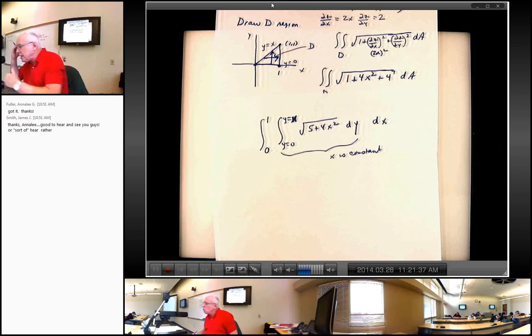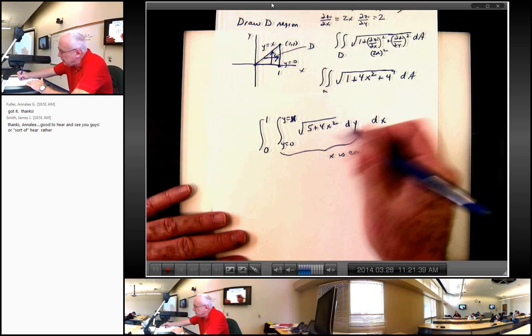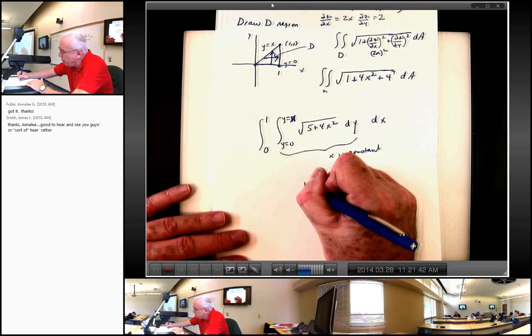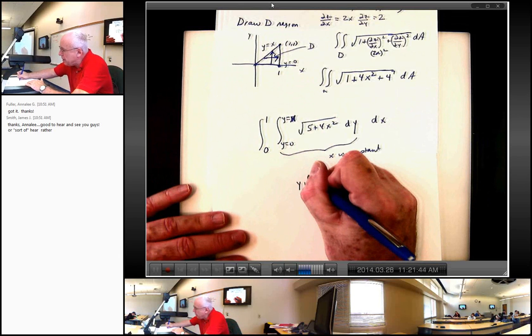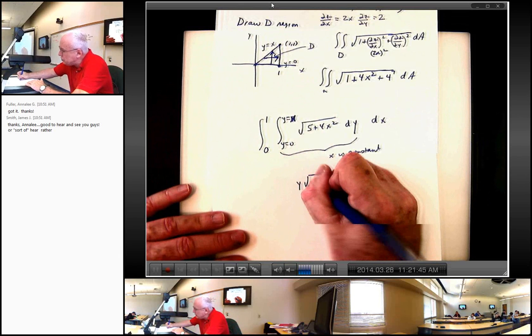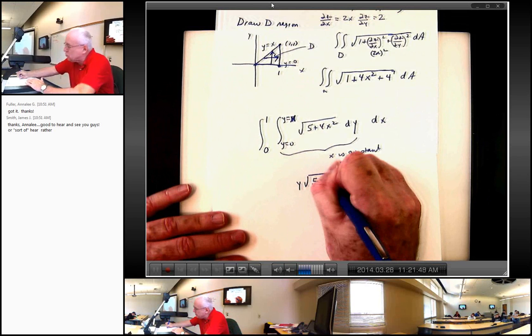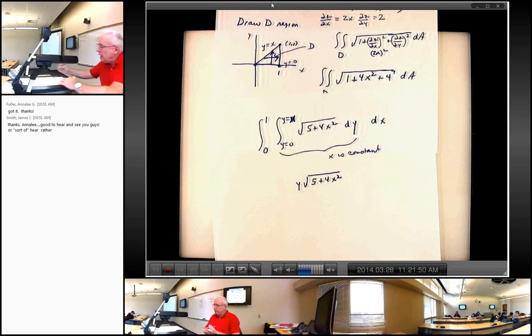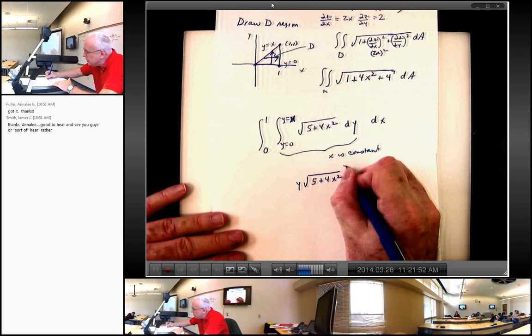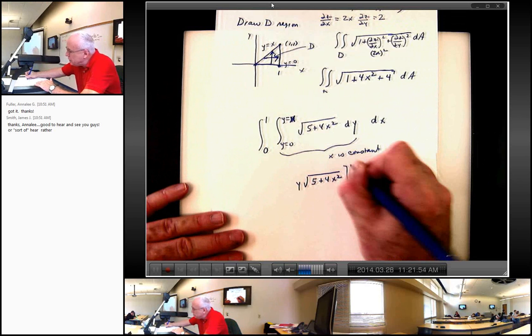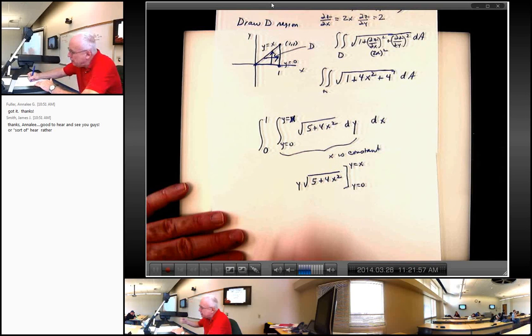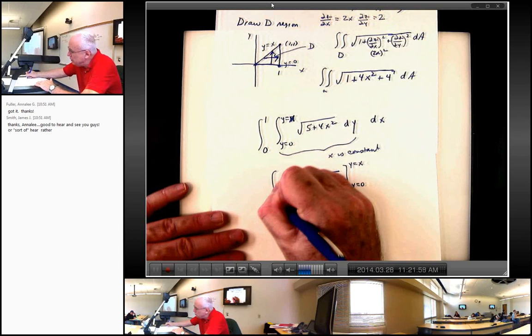So what would be my antiderivative here? Yeah. y times the square root of 5 plus 4x squared. Very simple. And then I'm going to evaluate that. The bottom one is y equals 0. The top one is y equals x. And then 0 to 1 dx.